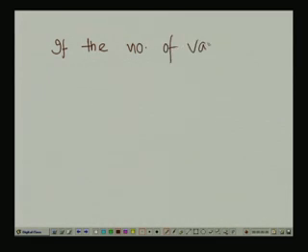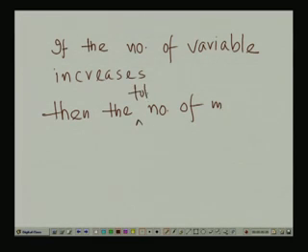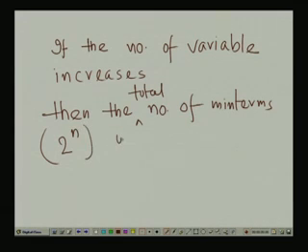So, just what we are telling is, if the number of variables increases, then the total number of minterms, that is 2 to the power n, will also increase.